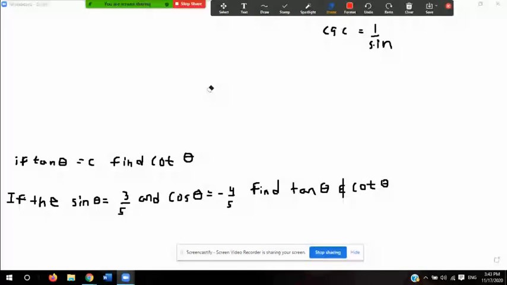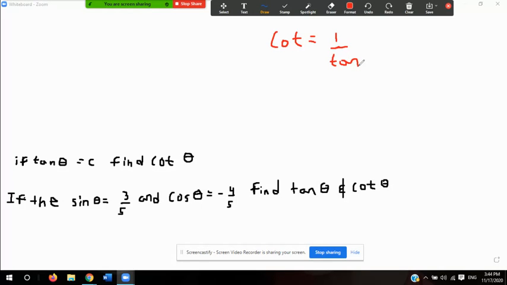It says if the tangent of theta equals c, find the cotangent. In order to find the cotangent, one of the reciprocal identities of the cotangent is 1 over the tangent of theta.